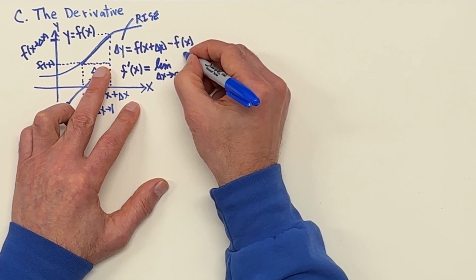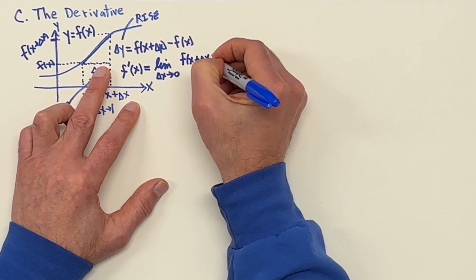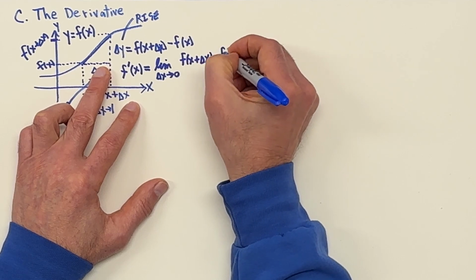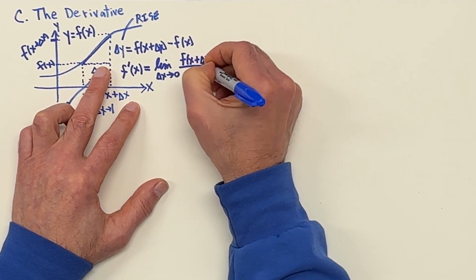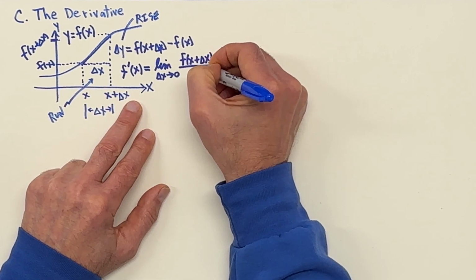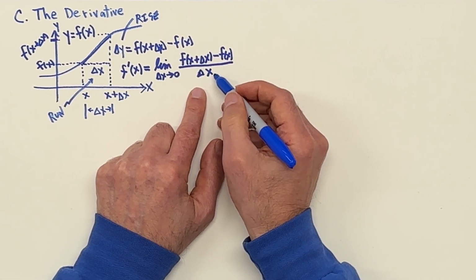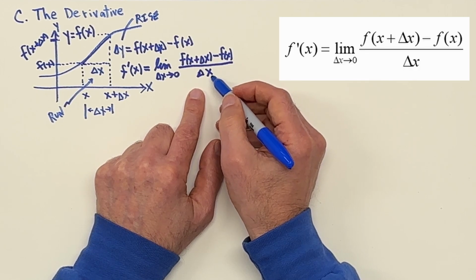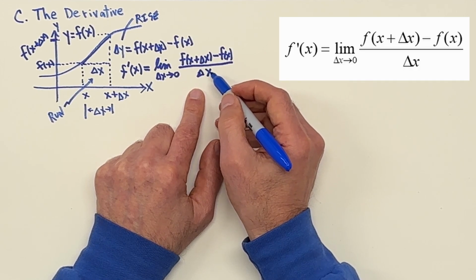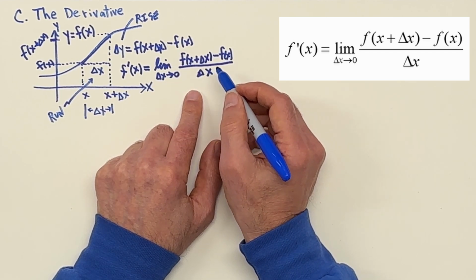So we take the rise, which is the difference of the heights, and then we're going to divide by the run, which is delta x. And here's where it's fascinating, because you say you can't divide by 0. So like, what do we do? And that's the whole point of our study, to be able to work this out somehow.